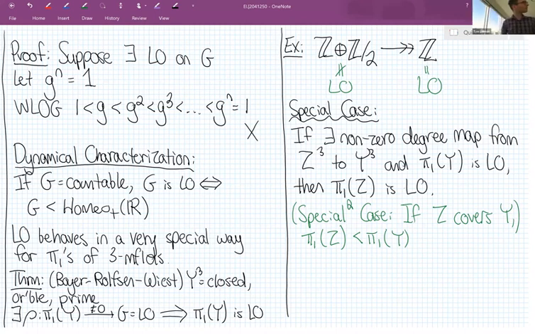Yeah, where were they coming from? I mean, Dale Rolfson, I think, had also been thinking about orderability with respect to braid groups. So for instance, the braid groups have some interesting order structures. So there was already some things going on there.